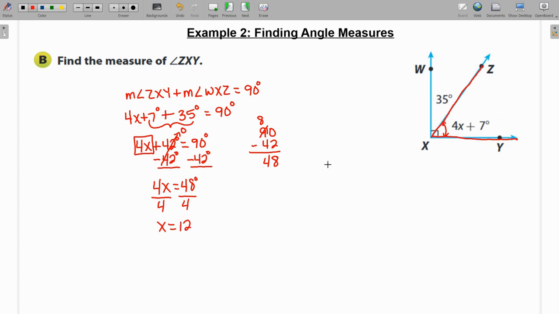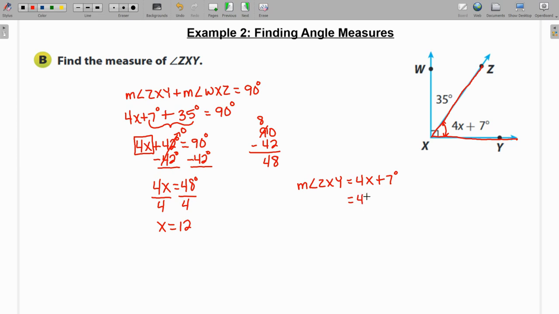Now, we were told that the measure of angle ZXY is equal to 4x plus 7 degrees. We found out already that x is equal to 12. So I'm going to replace the x in this algebraic expression with 12 and solve for my angle.